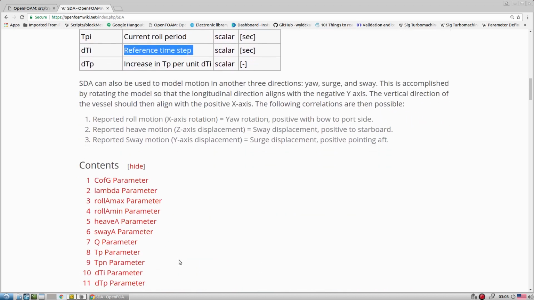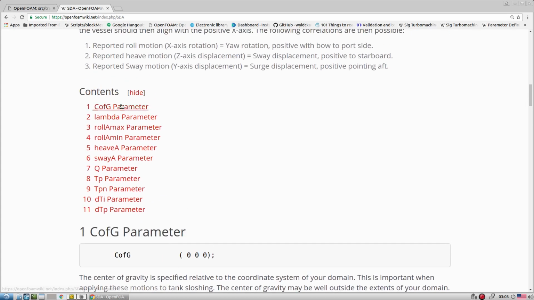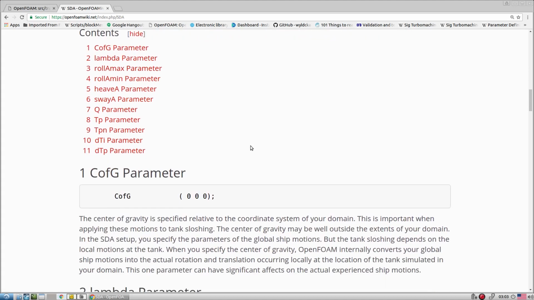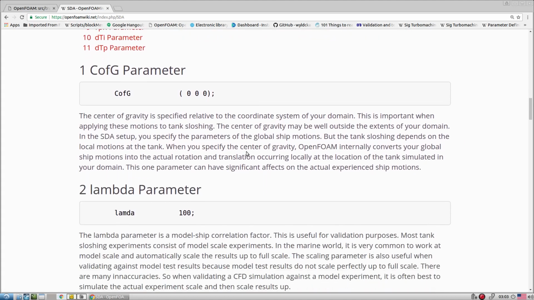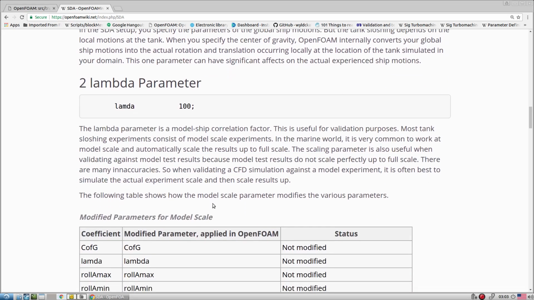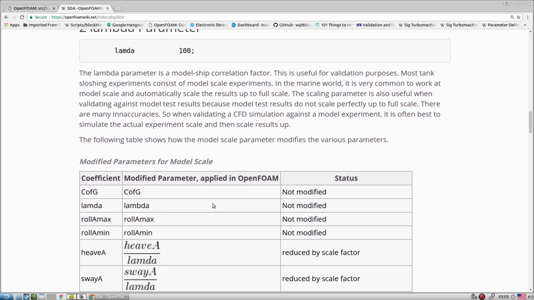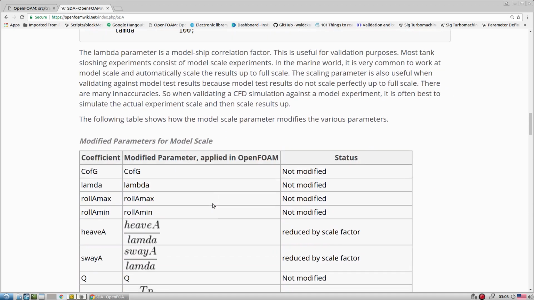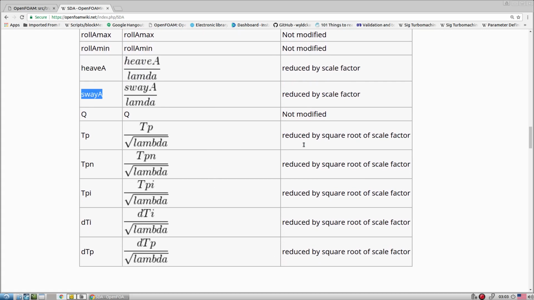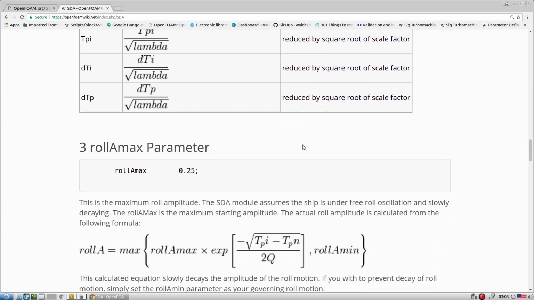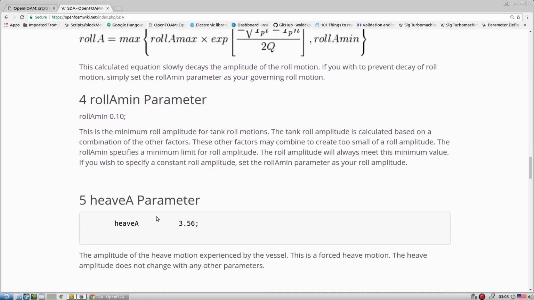If you are interested, please go through each and every entry. Whoever is working in this area can appreciate all these entries, as they have a proper definition of each and every term. I suggest, if you are interested in detail, please go through this area and have a look at all the entries: how they calculate rolling movement and rolling parameters.